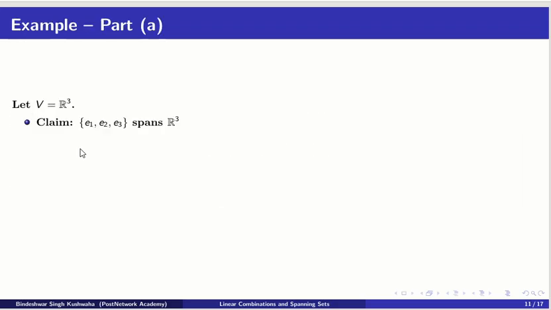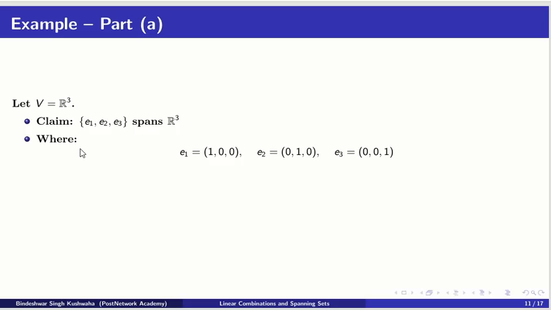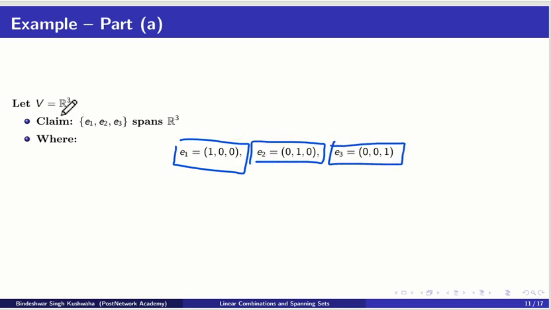Now let us understand with an example. I am claiming that e1, e2, e3 span R3. See what e1, e2, e3 are: these vectors. Using these three vectors, you can span any vector of R3.